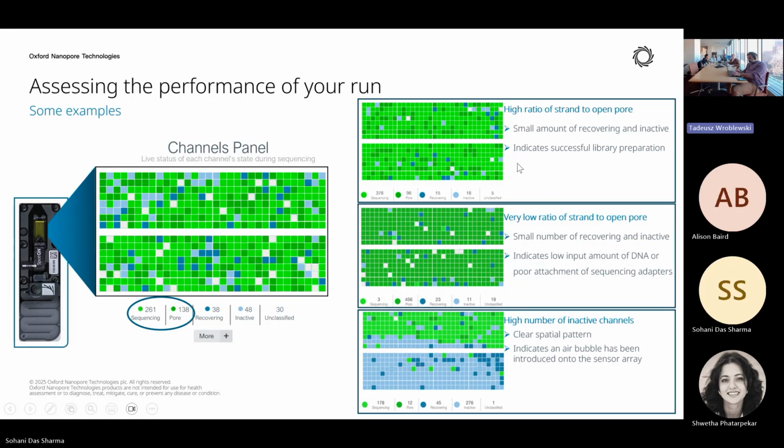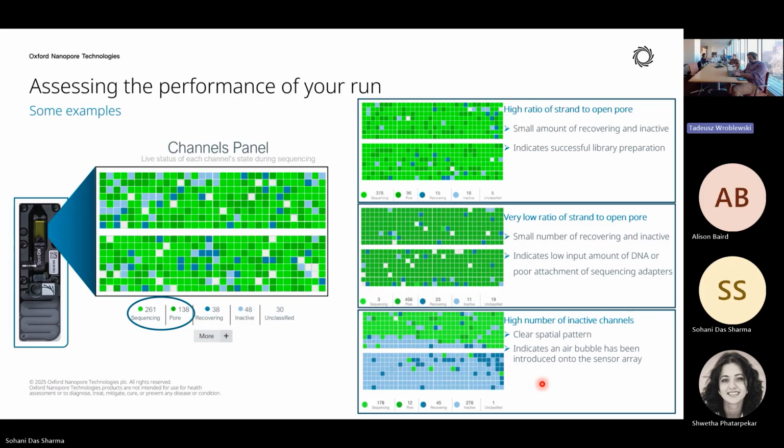Once again, we are trying to see how many pores are actively sequencing versus reserved and inactive. For example, here at the bottom, if we see a really huge number of inactive channels like this at the beginning, it could be an indication of something, an air bubble or something.